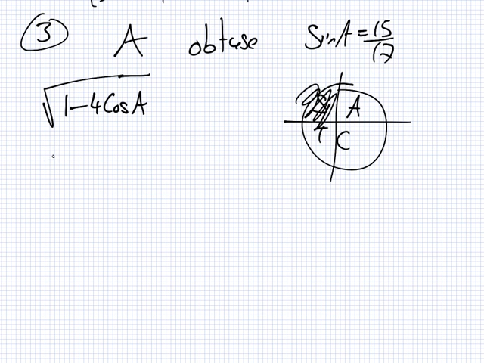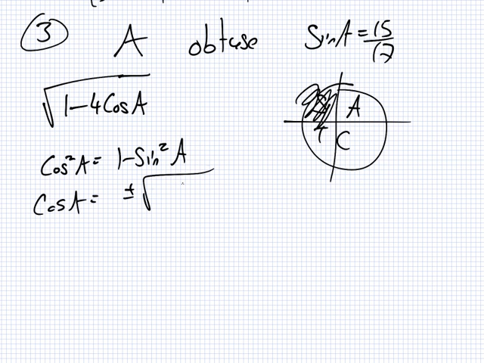So you can use the fact that cos squared A is equal to 1 minus sine squared A. So cos A is equal to plus or minus the square root of 1 minus sine squared A, which is plus or minus root of 1 minus 15 squared over 17 squared.